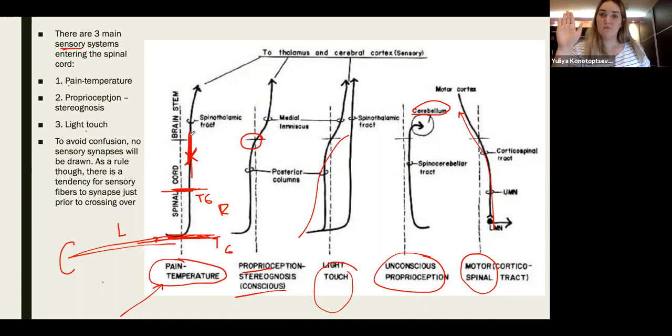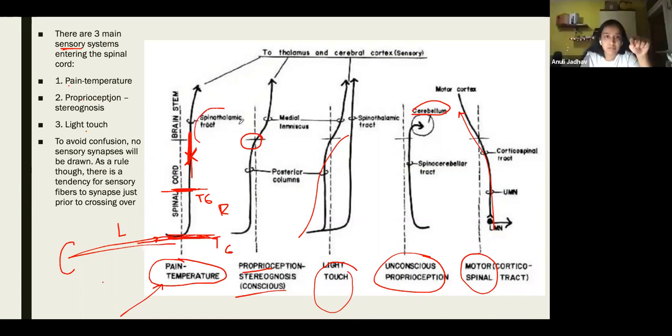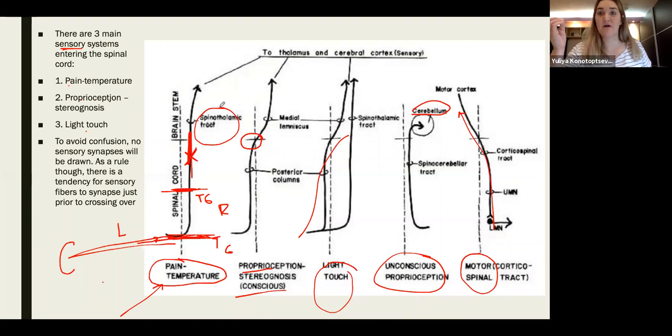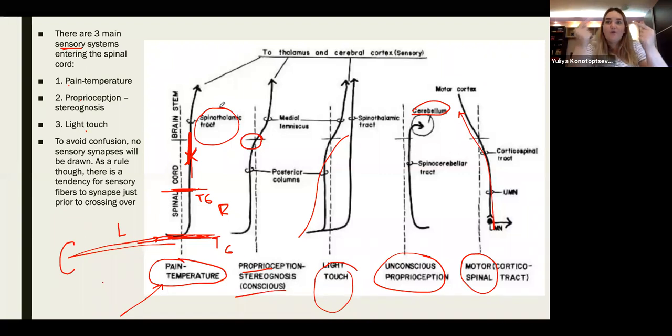Spinothalamic tract, right? So if I can't feel pain in my right arm, that means that my spinothalamic tract on the left side above T6 is damaged. Something is compressing that part. The symptom says the right hand, but you don't care about the right hand. You're thinking about what is inside. It's crossing, so that means it's going to be on the left side.